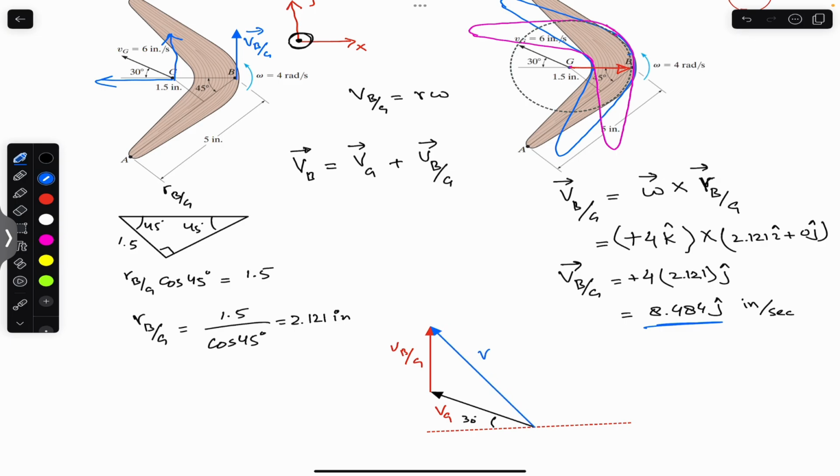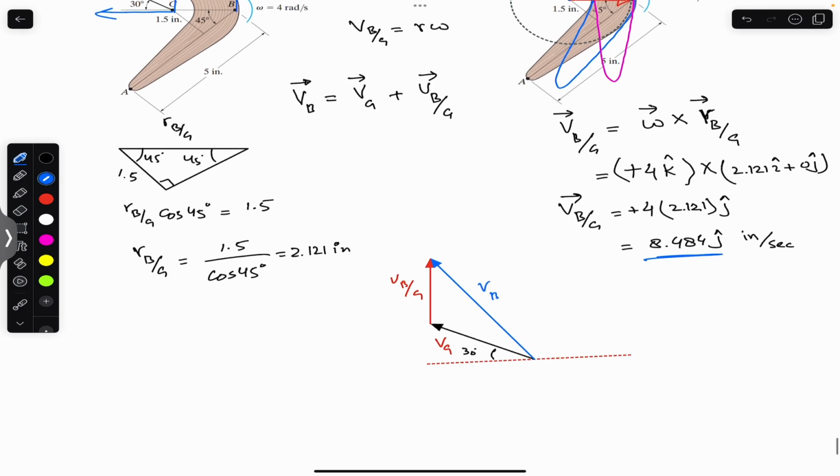This is the absolute velocity of that point B. Now if I draw a horizontal line here, if this angle is 30, then this angle is 30, this is 90. So this whole angle is 90 plus 30, which is 120.